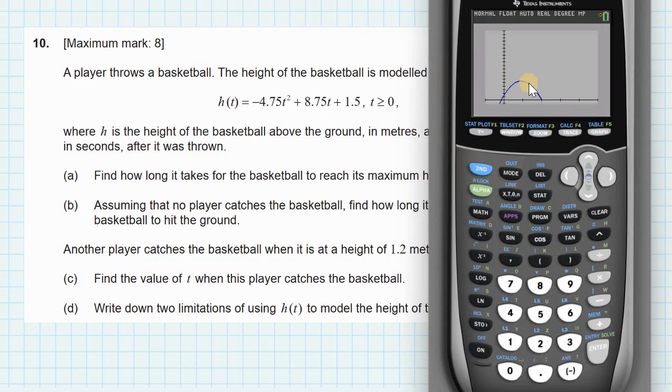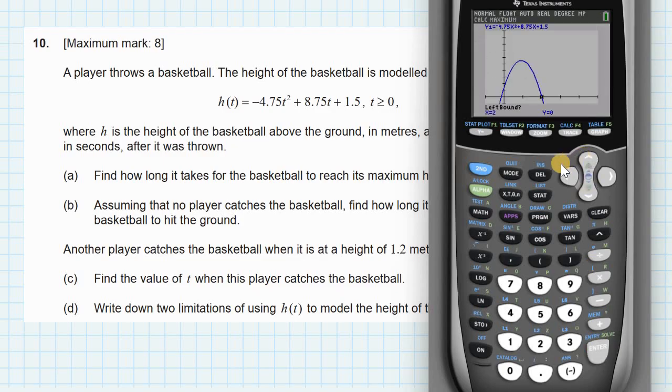Okay, that's good enough. Our window is too big. Let's make it 10 maximum, so I would like to see a clear picture of the graph. Okay, there you go. So find how long it takes for the basketball to reach the maximum. Second, trace the maximum, enter.